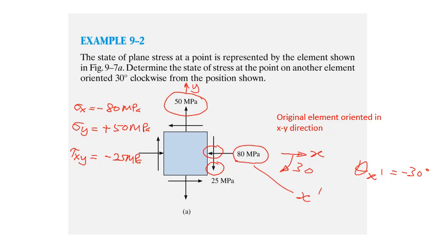That is the y prime direction, and the angle to y prime is that angle there, and it is 60 degrees. So theta y prime is 60 degrees. Or if you don't want to call it y prime, you can call it x2 prime. It's the same thing.